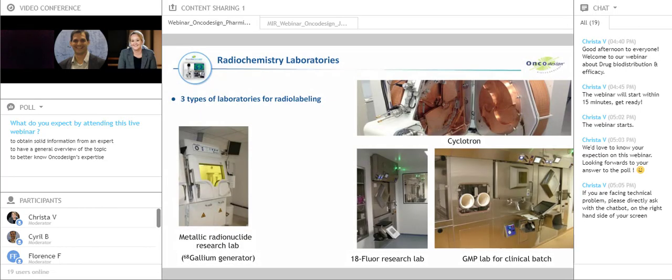Another major radio element used for covalent binding is fluorine-18. In such a case, you need a cyclotron, and just next to it a laboratory to process the fluorine. In the picture, here is our research lab, and the other part is a GMP lab to prepare clinical batches of radiotracers. This kind of environment is very important and very controlled by the national organizations of each country that manage radioactivity.